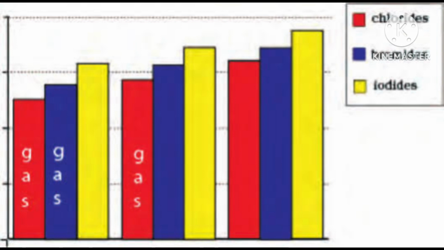In the first isomer, the second Cl is at ortho with respect to the first Cl, and its boiling point is 453. In the second isomer, it is at the meta position with respect to the first chlorine. Now its boiling point is 446, and 453, 446, it is less.